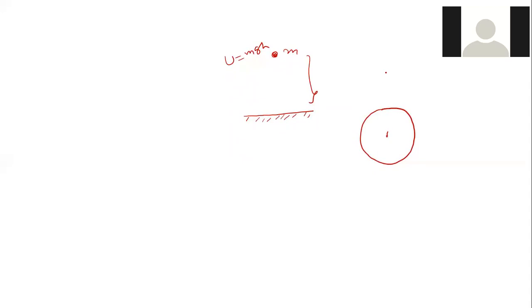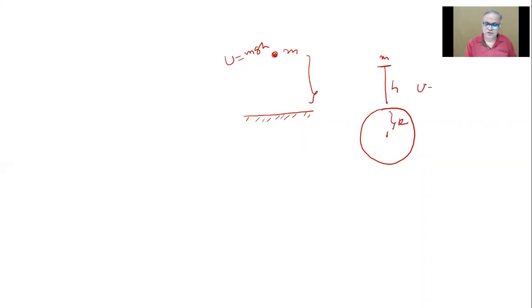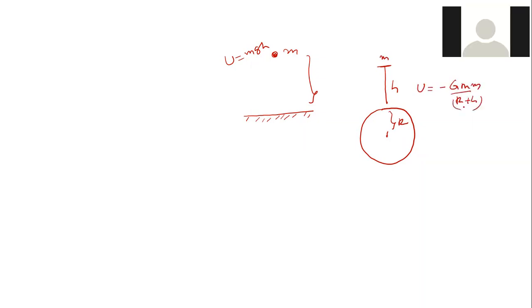So if it is at a height h like this, if this is R, if this is m, we said U equals minus GMm by R plus h. But in the flat case, U equals 0 was taken there, and in this case, U equals 0 is taken here.